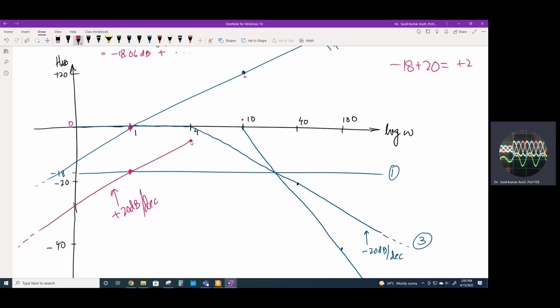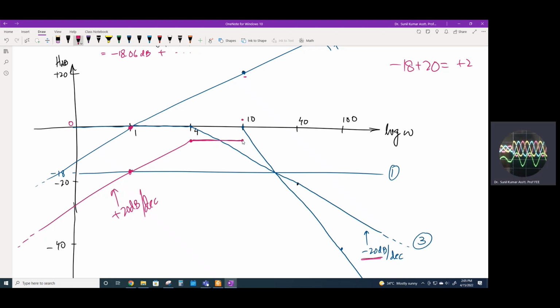After omega equals 4, I have line number 3 coming into action, which is decreasing with a slope of minus 20 dB per decade. And we were increasing with a slope of positive 20 dB per decade. That means both positive and negative slopes will cancel out, and the response will be along the horizontal line up to omega equals 10.